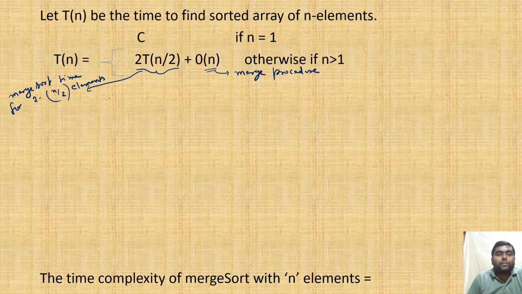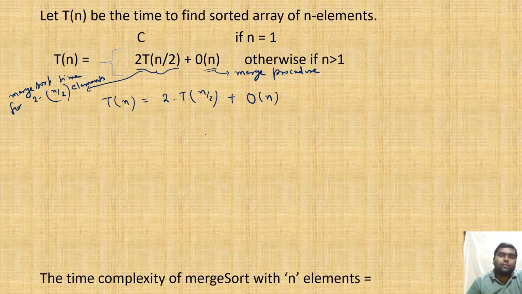Now solve this recurrence relation, and you will get the complexity of the merge sort algorithm. It is 2 times T of n by 2 plus order of n. You can apply whichever method you wish. Let us solve it with the master's method. So what is the master's method?